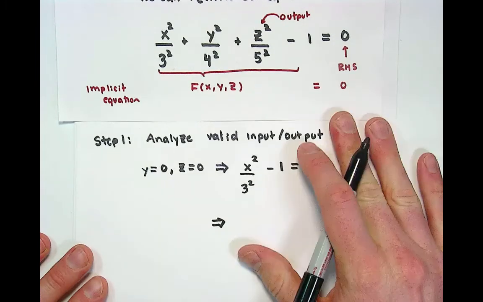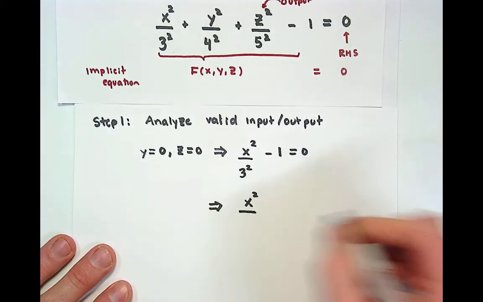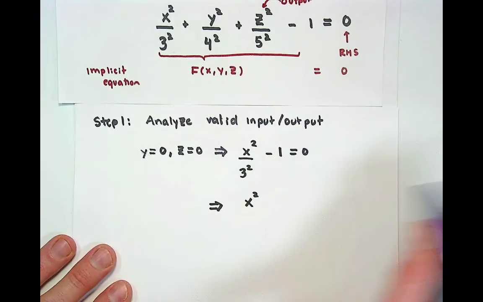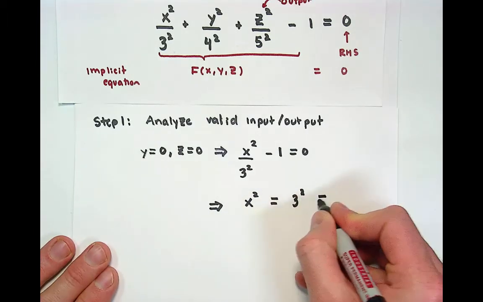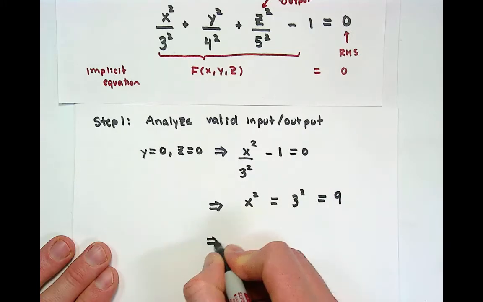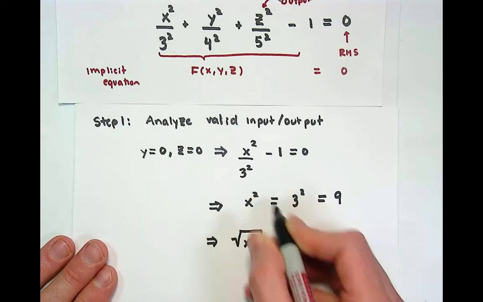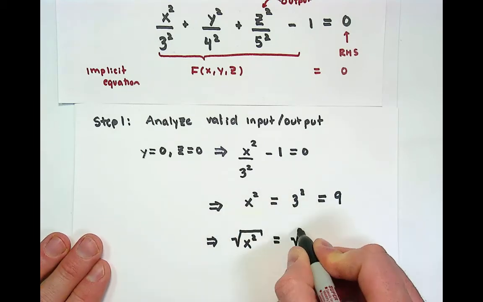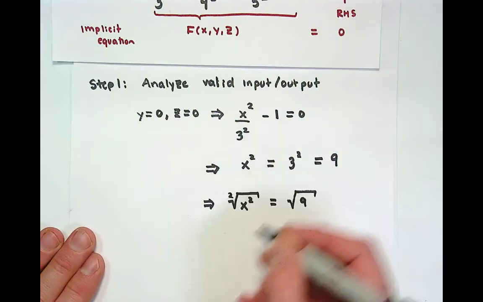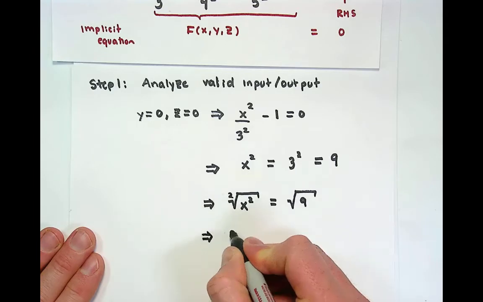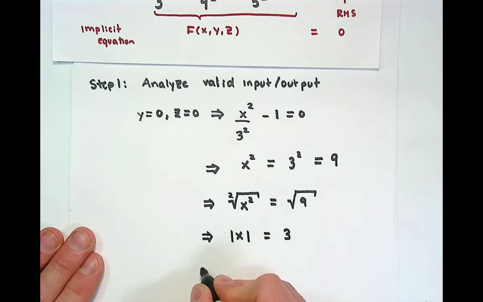We can do a little bit of work, which comes from our knowledge and dexterity in algebra, to say that this is actually x squared equals 3 squared, which of course we could call 9. And then we could cancel out these different parameters here. How do you undo a square? Take the square root, and then this would be the square root of 9. We had this discussion. The square root of a square, this is quite subtle, is equal to the absolute value of x, and then we have 3.